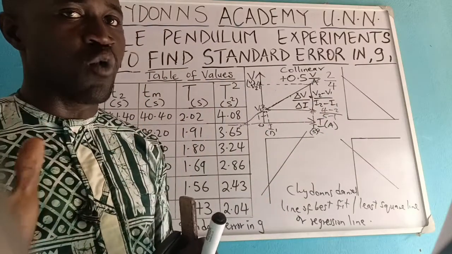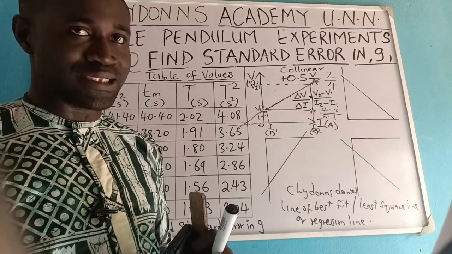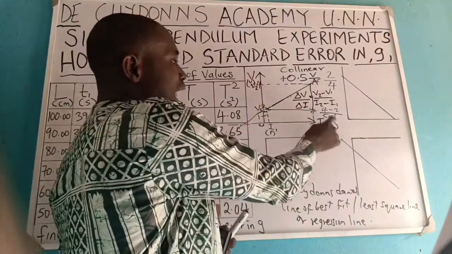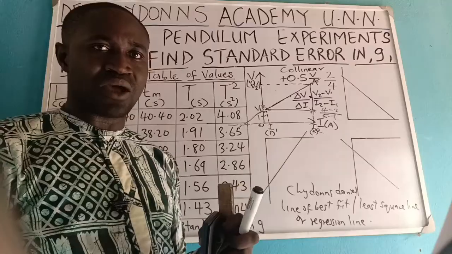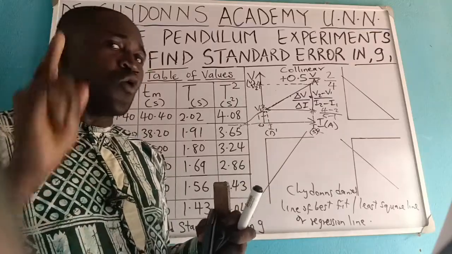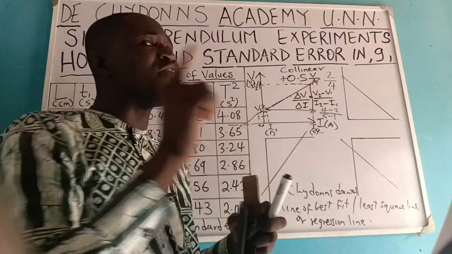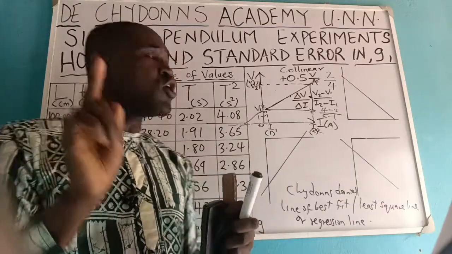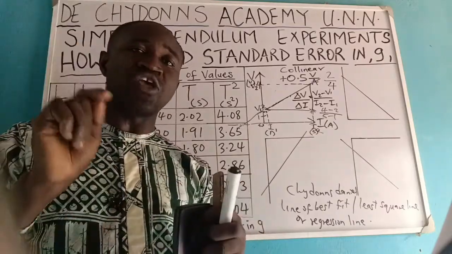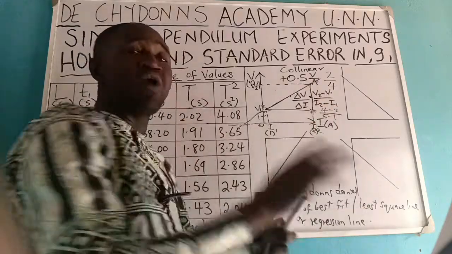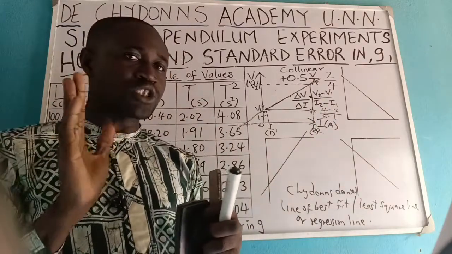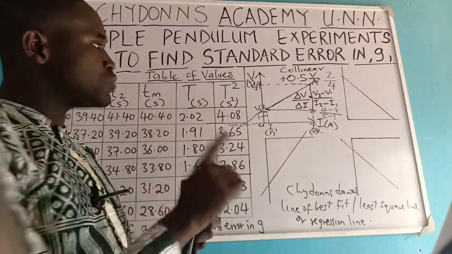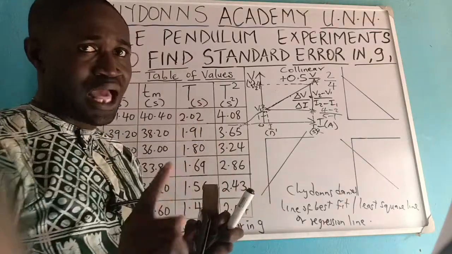It will not give you any unit. Like you are plotting something, here is centimeter and here is centimeter, they will cancel out, so it will not have a unit. When your slope is not meant to have a unit and you put a unit, you have failed it. When your slope is meant to have a unit and you do not put your unit by the side, you have failed it. Just take note of that. It depends on you to be careful on what you are doing.